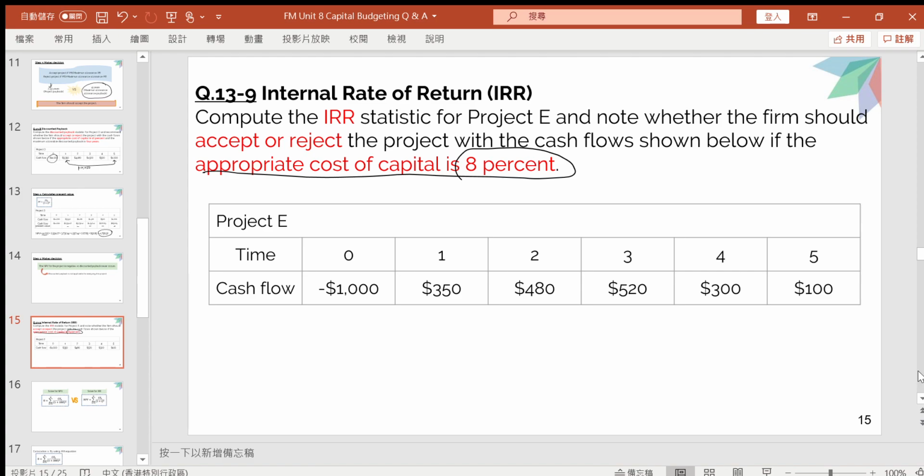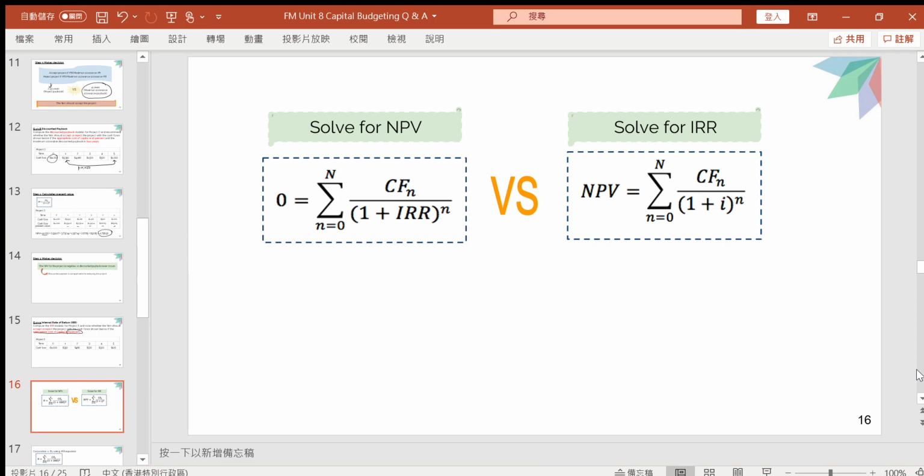Okay, and for this one, you will find it is very similar, for the NPV and the internal rate of return IRR. What the difference is that we try to find out the rate that will give us a net present value equal to 0, break even.